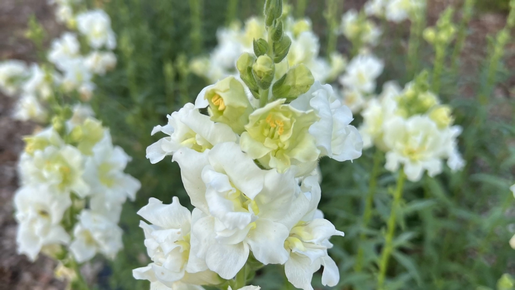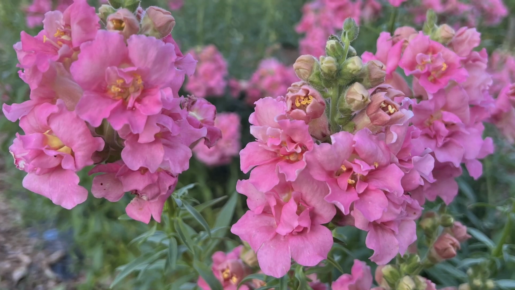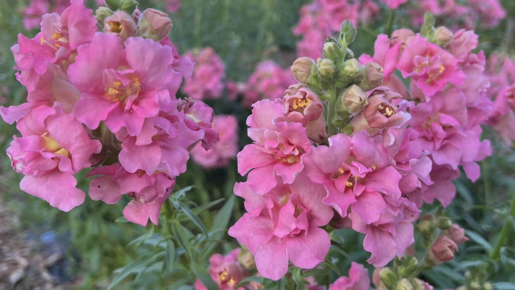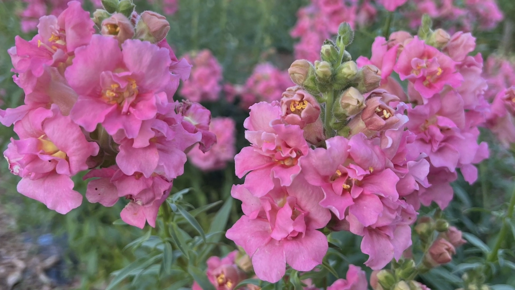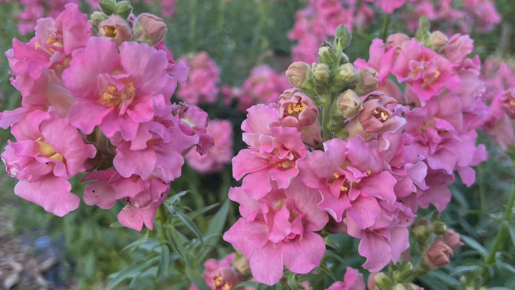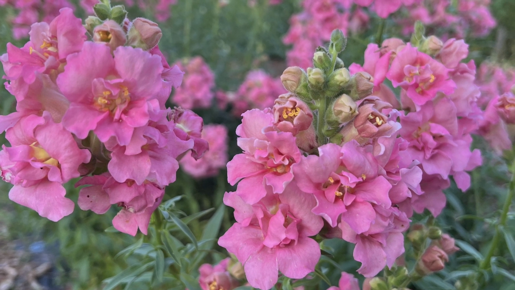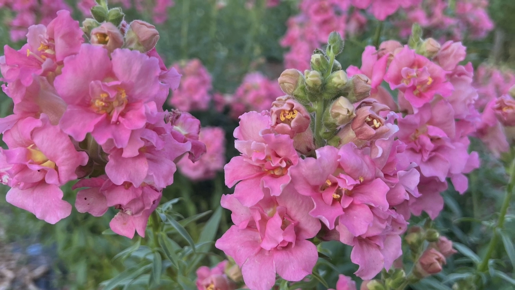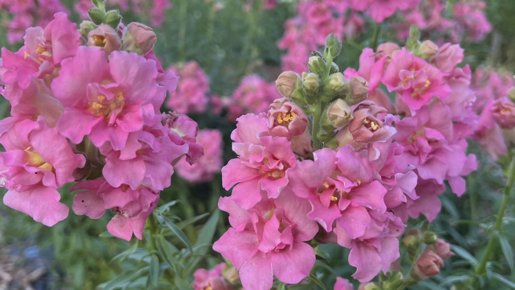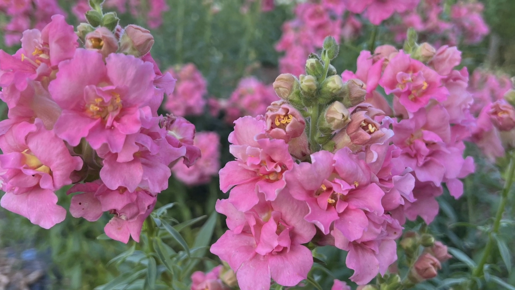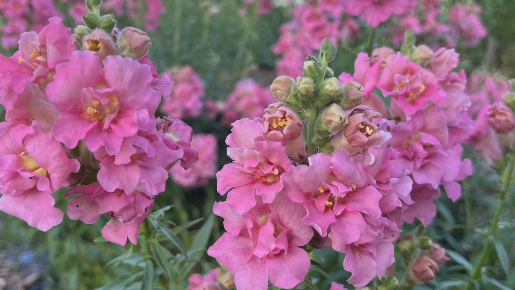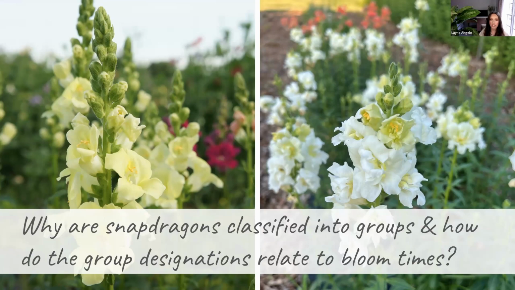And let's talk about how you figure that out for your garden, right? Yeah. So snapdragons are very sensitive and responsive to day length, light intensity, and temperature. And these group classifications are intended to help indicate the optimal bloom times for each variety to get the highest quality stems and flowers. And so group one generally corresponds to shorter days and cooler temperatures, and group four is longer days and warmer temperatures.